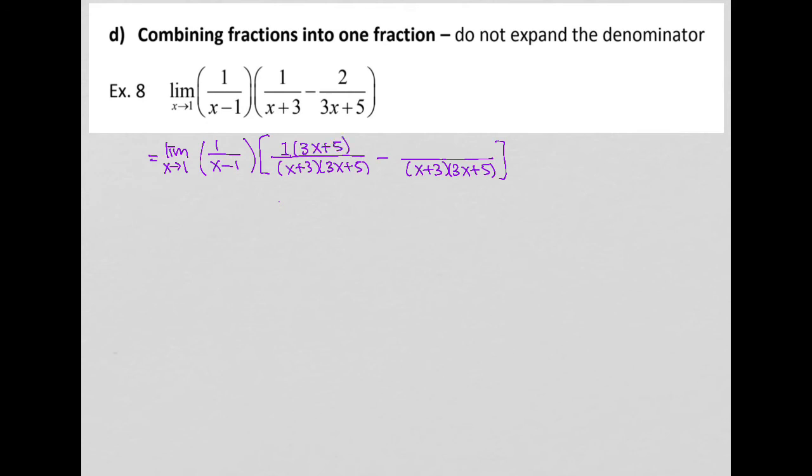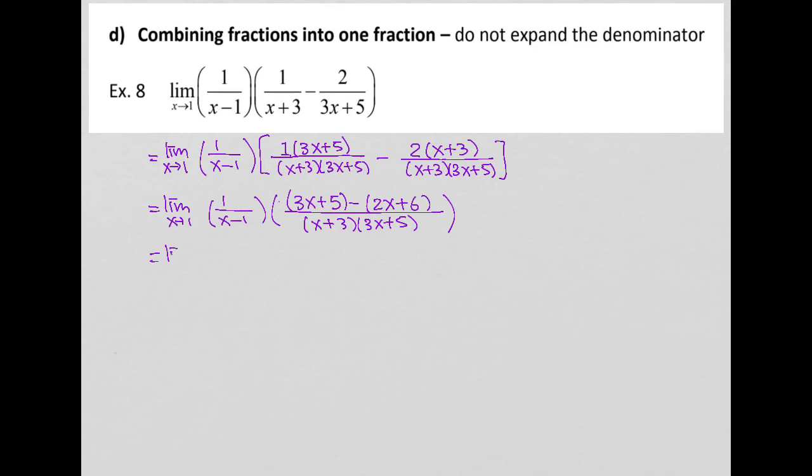The second fraction, numerator is 2, but we have to multiply by x plus 3. Now let's put them into one fraction. x plus 3, 3x plus 5 still in the denominator. Numerator becomes 3x plus 5 minus 2x plus 6.